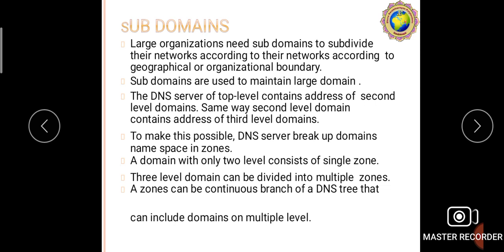Many large organizations need subdomains to subdivide their networks. The DNS server of the top level contains addresses of second level domains, and in the same way the second level domain contains addresses of third level domains. When this type of hierarchy is created, it is known as a subdomain.